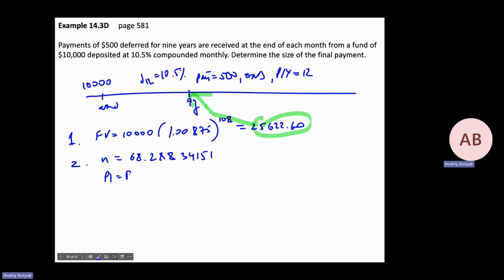P1 equals P2 equals 69, right? Yes or yes? And I find that the payment would be what? 500 minus 355.38. $144.62. And just for myself, I want to check that using the first method.